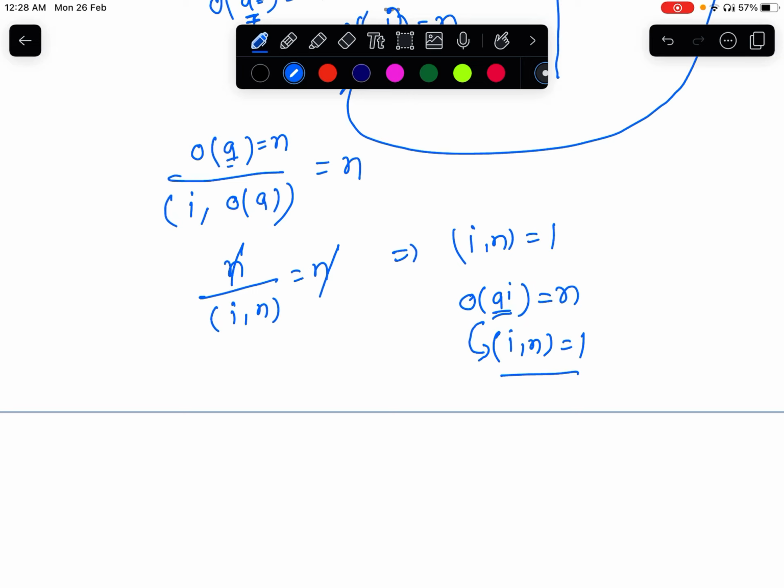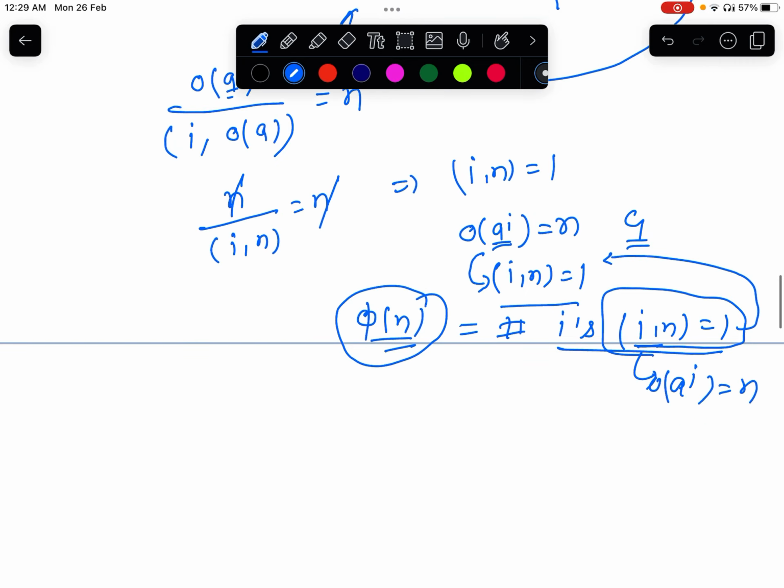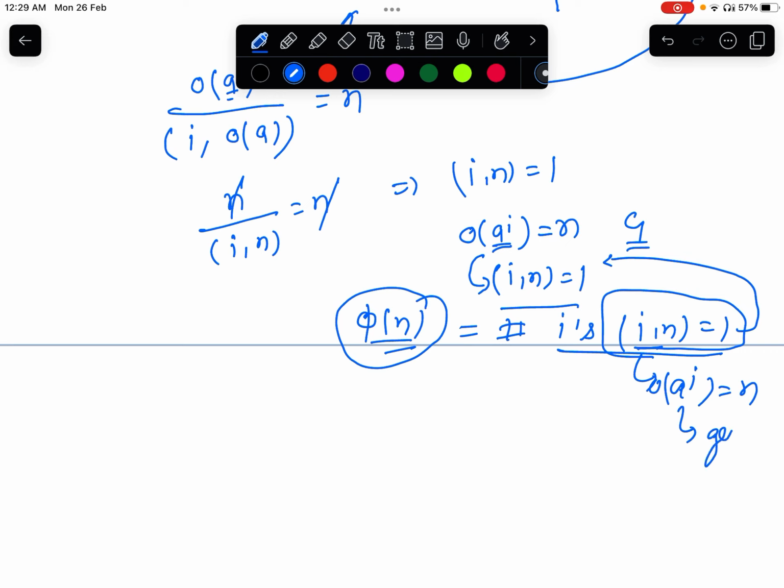That means there are phi n such a^I because phi n is the number of such I's for which GCD of I with n is equal to 1, and that is exactly the number of generators of group G. Because if GCD is equal to 1, then order of a^I is equal to n, then a^I will become generator.